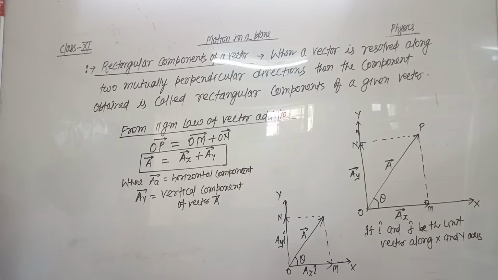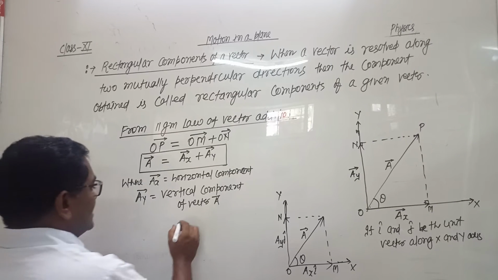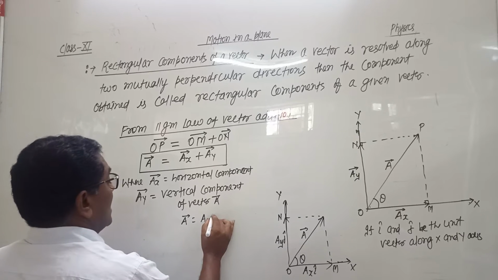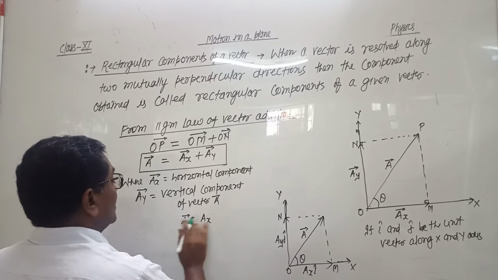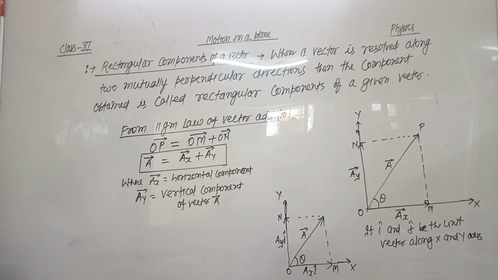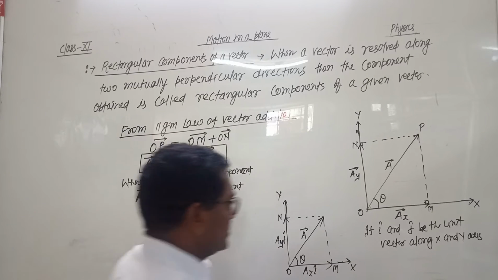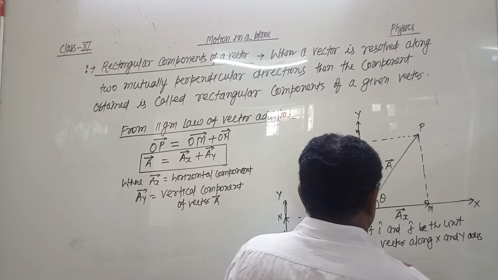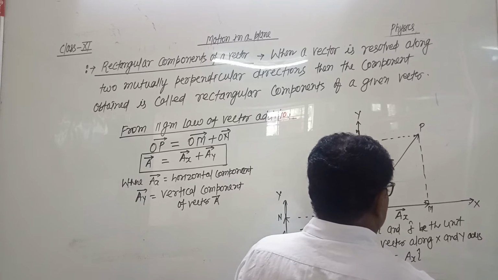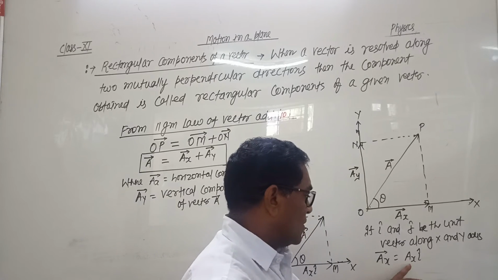So vector A is given by the horizontal component AX i cap and the vertical component AY j cap. We can also write vector AX equals AX into i cap, where i cap shows the direction of AX.